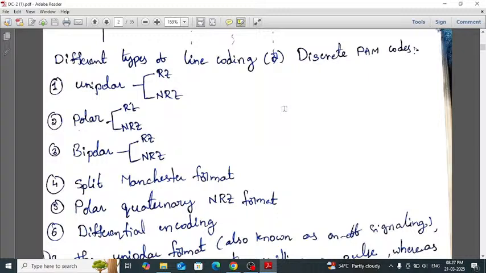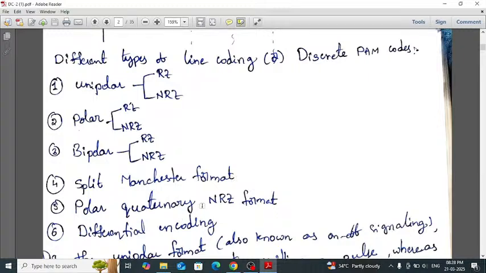Different types of line coding or discrete PAM codes: unipolar, polar, bipolar, split-phase Manchester format, polar quaternary NRZ format, and differential encoding. In unipolar, we have return to 0 and non-return to 0; in polar, return to 0 and non-return to 0; in bipolar, return to 0 and non-return to 0. Split-phase Manchester format has only one format.